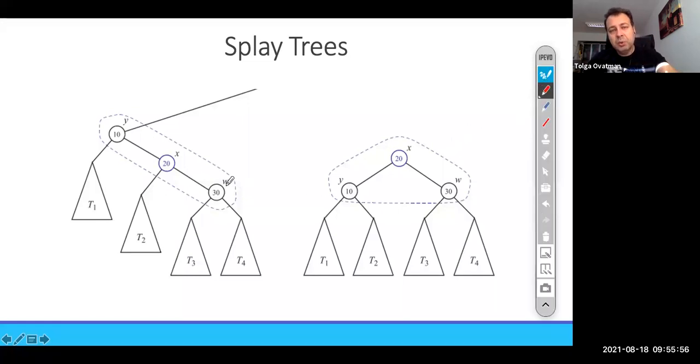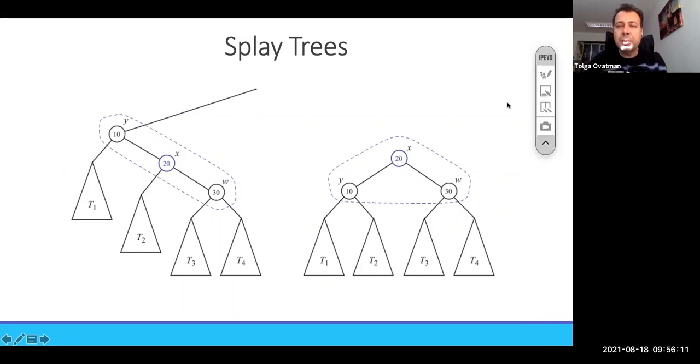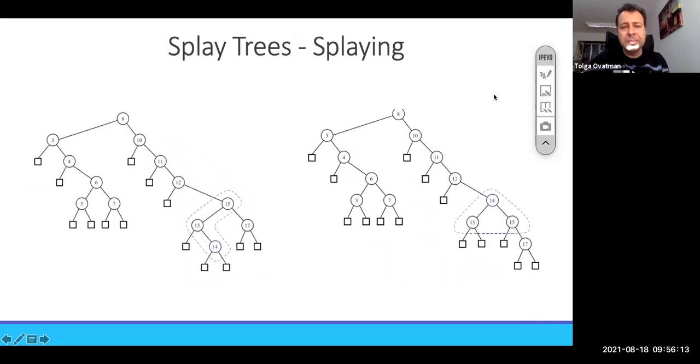Instead of taking this sequence and moving it towards this hand side, what you do is you take this one and you make this the new root, and so on and so forth. So it's just like the rotation. And these three operations are called splaying operations.